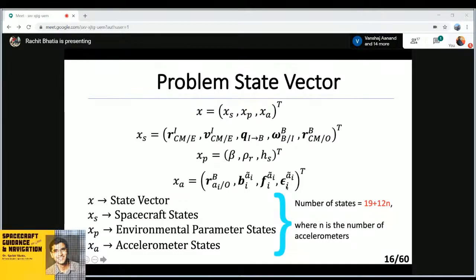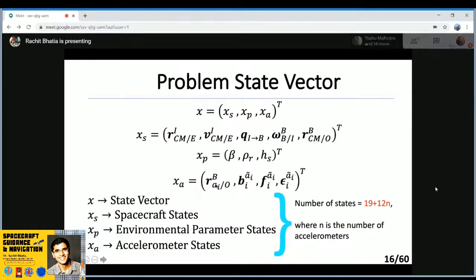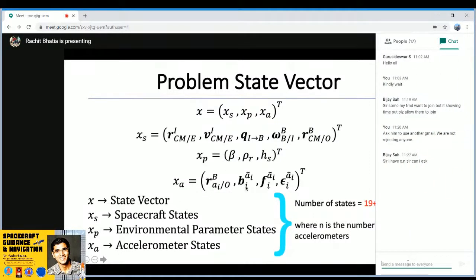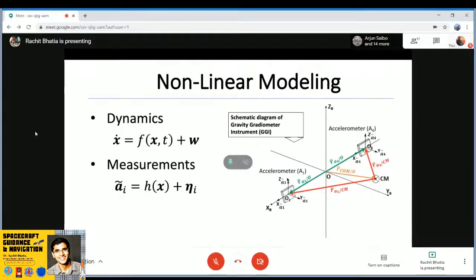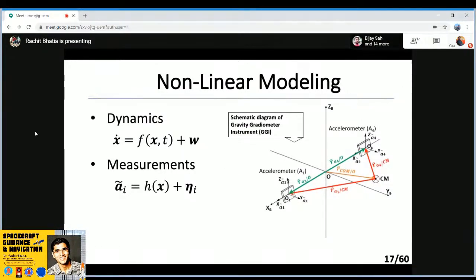These are characteristics of the accelerometer, and mostly of any sensor in an inertial measurement unit. They are very important if you want to represent the measurement model of the sensor. So I want to estimate all these quantities. Now, how will I approach this? First I will define the dynamical model and measurement model mathematically.